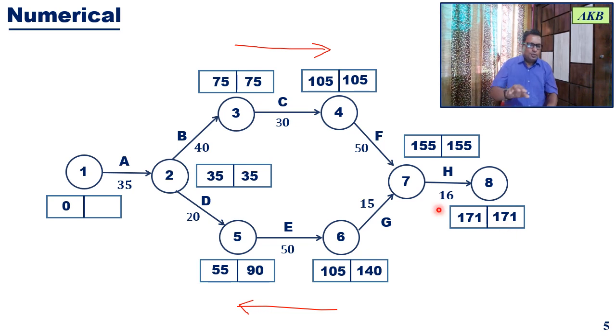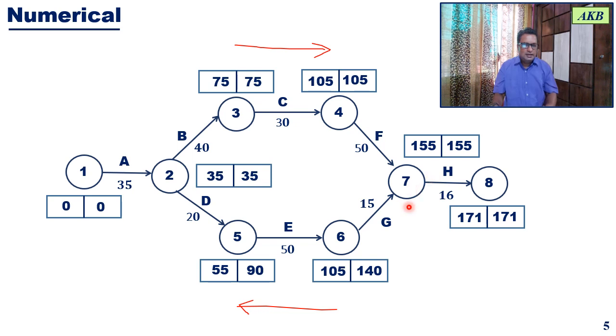Okay. Now when you proceed to the previous event, that is event 7, how are you going to do the calculation? It will be the latest event time minus the activity duration. So over here it will be 171 minus 16, which will give you the latest event time for event 7. 171 minus 16 comes out to be 155.